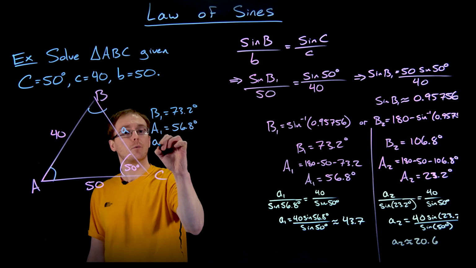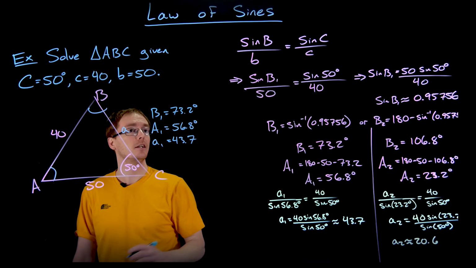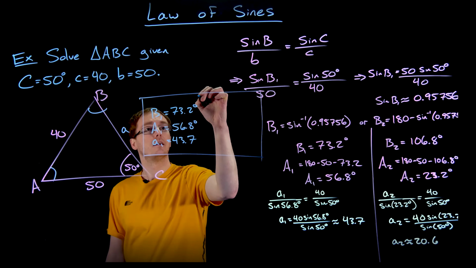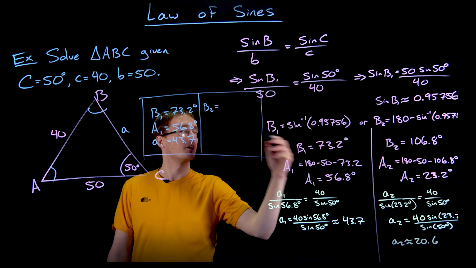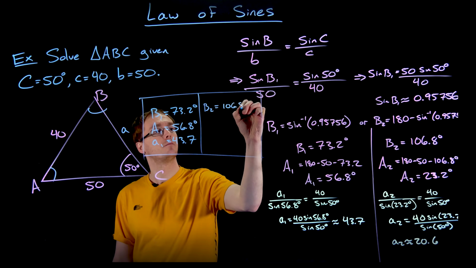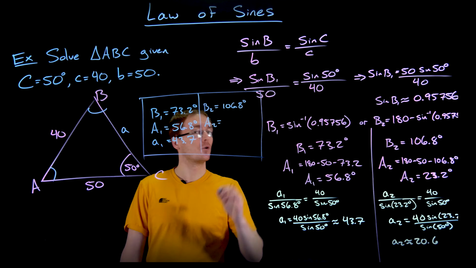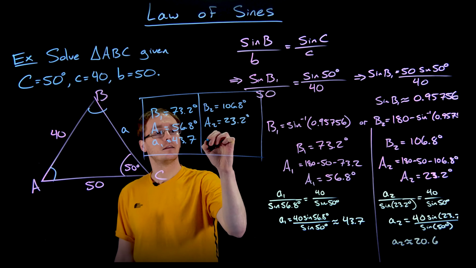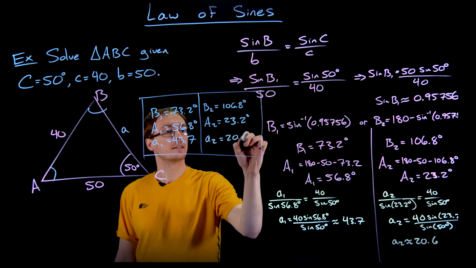We found little a1, or side length a1, to be 43.7 units. That was for our first triangle. And for the second possible triangle, we got B2 was 106.8 degrees. A2, our other angle, was about 23.2 degrees. And that last side length, little a2, was about 20.6 units.